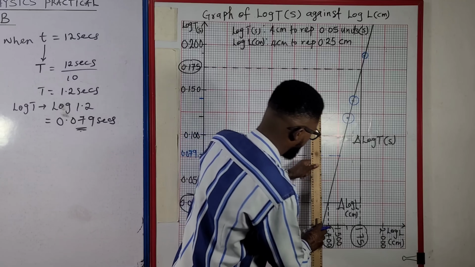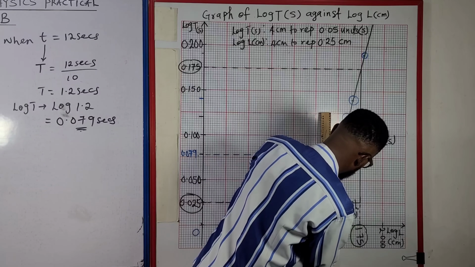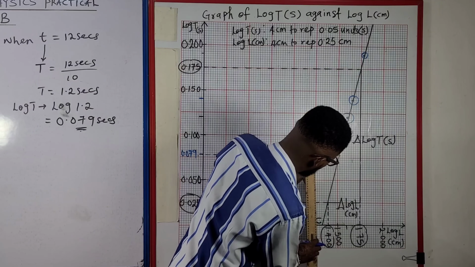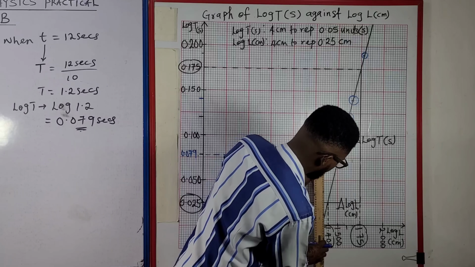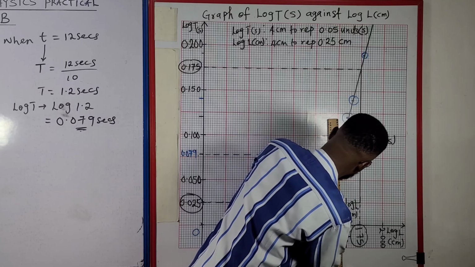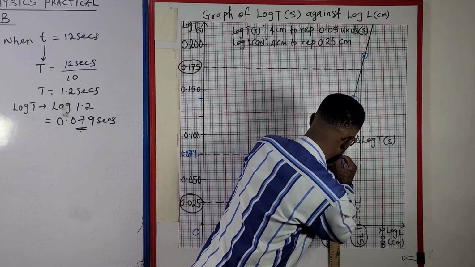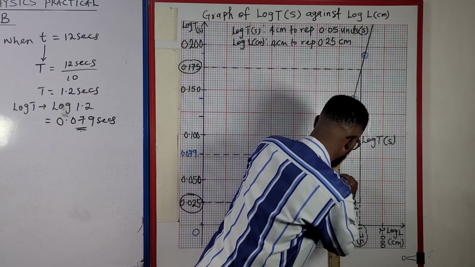So I'm going to trace that down, so that way I can get what exactly my log L is going to be. When we trace that, this is what we got.